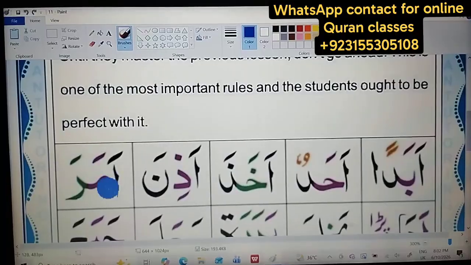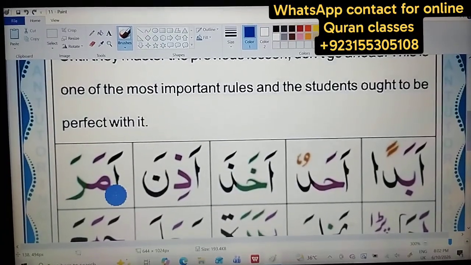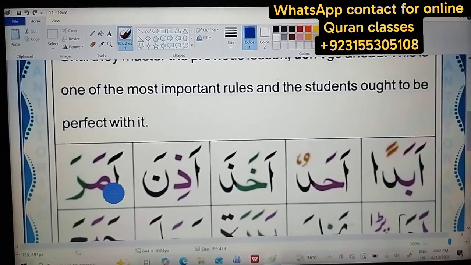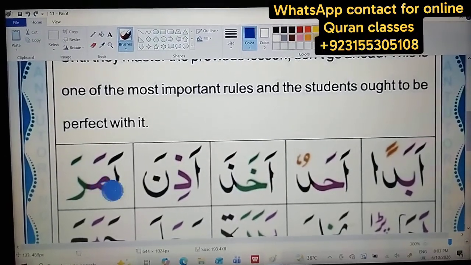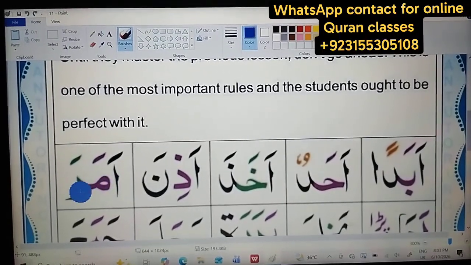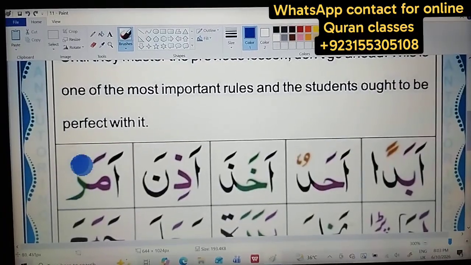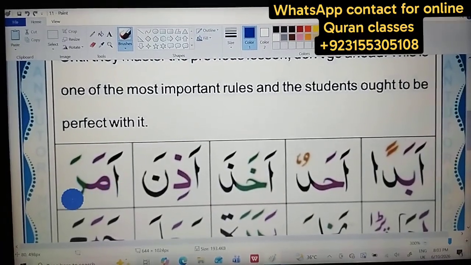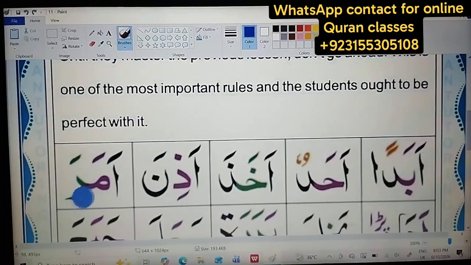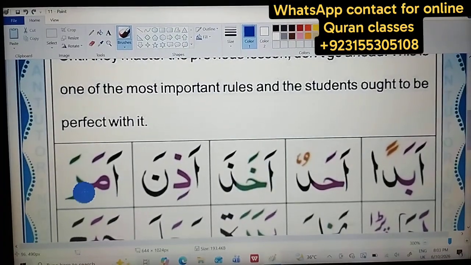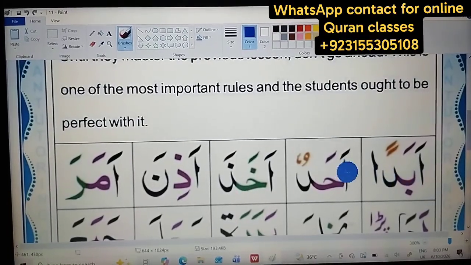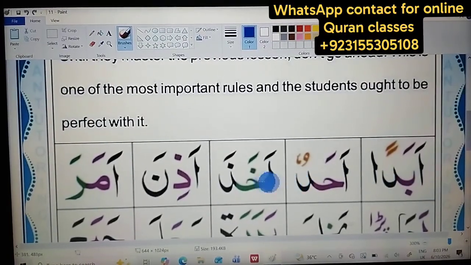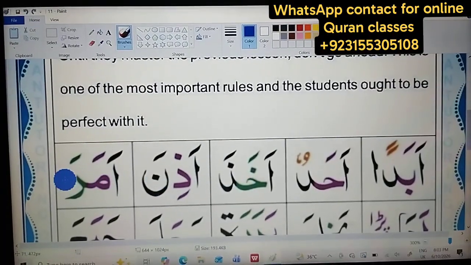Okay, dear students, the next word is hamza, fatha, a; mim, fatha, ma: amma; ra, fatha, ra: amara. Waqf, amar. Now we read without spelling from the start of the lesson: abadan, ahadun, akhadha, adhina, amara.